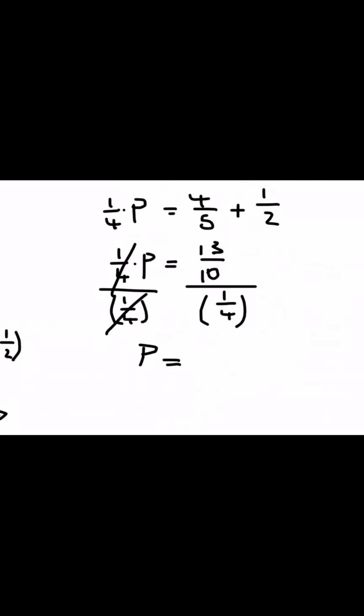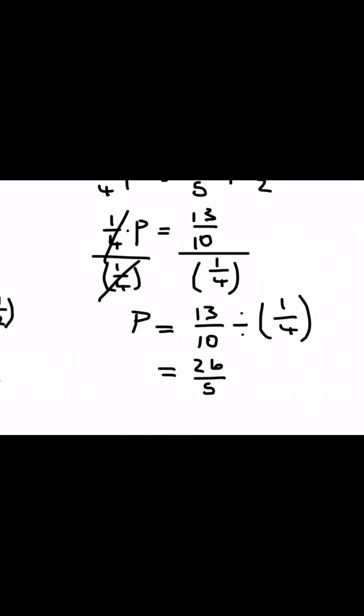And then you will just punch it like that. I'm writing this so that you can have an idea of how you punch it on your calculator. So on the next calculations, I'll just do the final answer there. That means you will say 13 over 10, on the side you divide it by 1 over 4, which is equal to 26 over 5. And that should be the end of it.